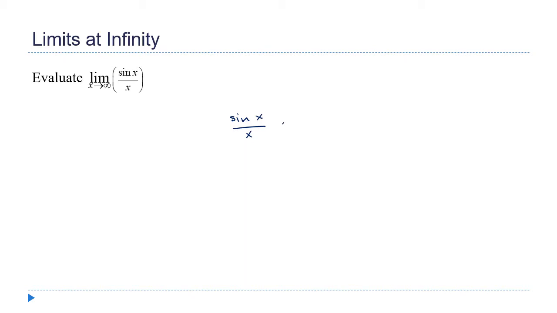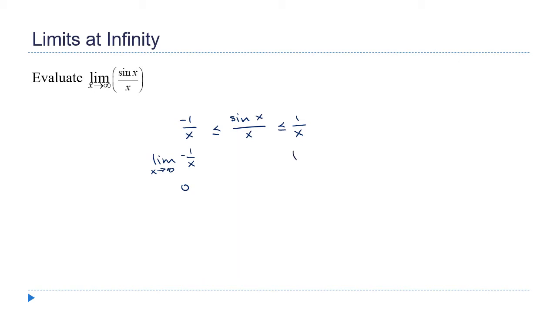So I know that this is less than or equal to 1 over x. And it's got a lower bound also, right? I know that the sine never gets smaller than -1. So this has a lower bound. This is greater than or equal to -1 over x. Okay, good. Now look at the limits. The limit as x approaches infinity of -1 over x is 0.